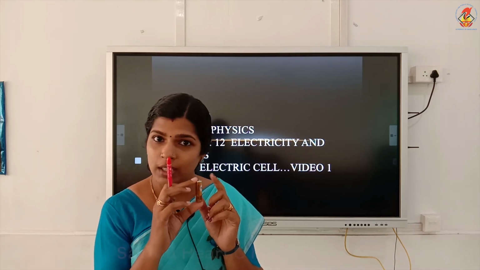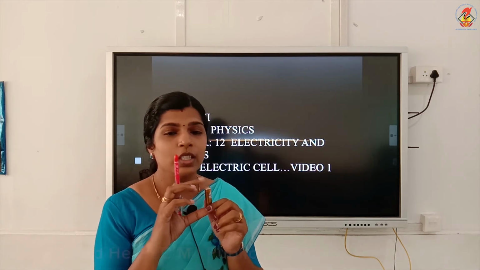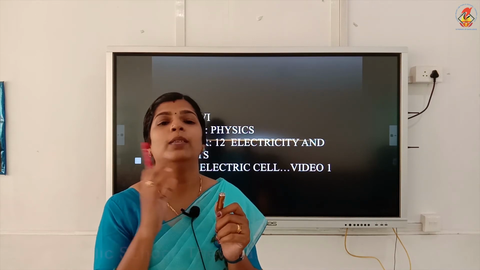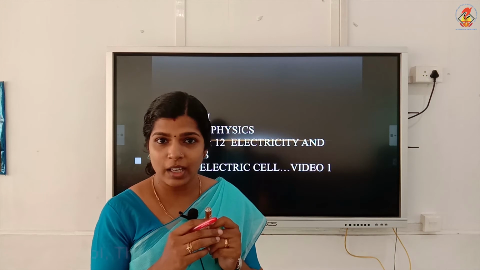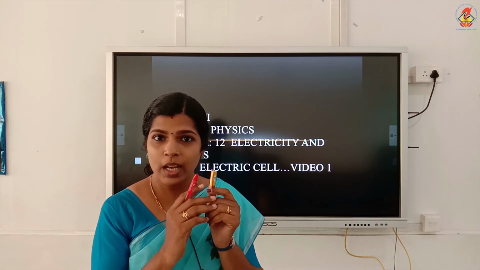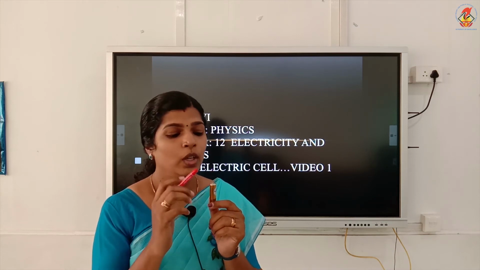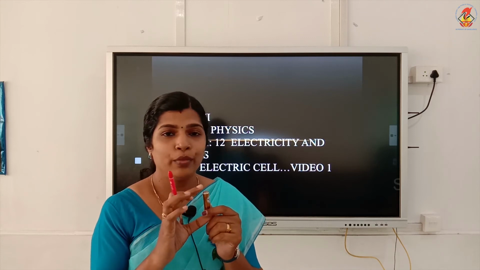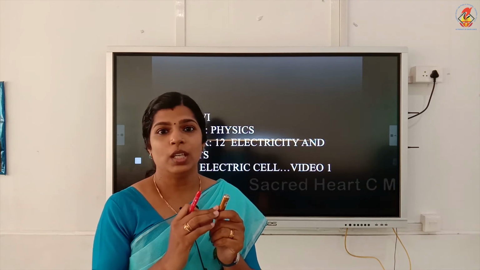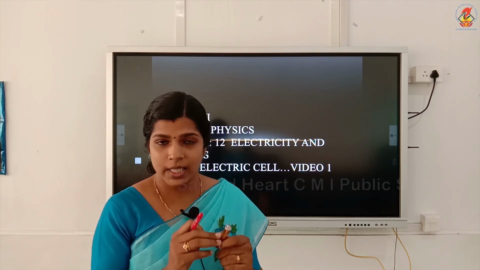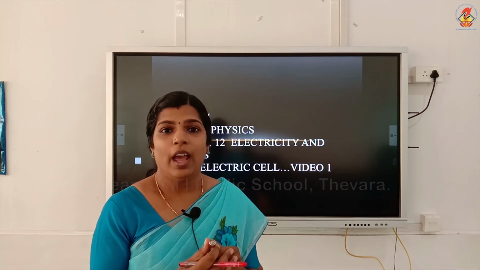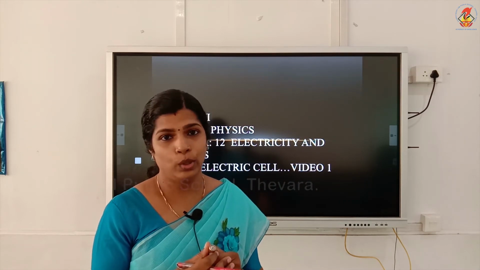Chemicals will be stored inside this battery, and when you connect it to a bulb with the help of wires, that chemical energy is converted to electrical energy and the bulb will glow.